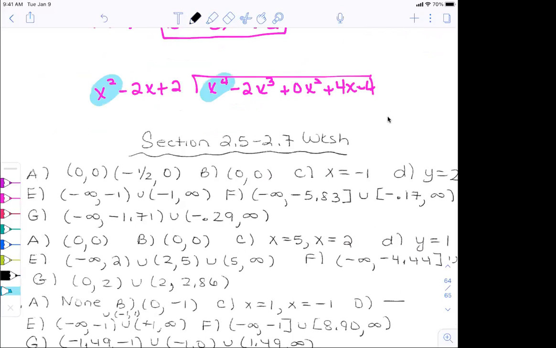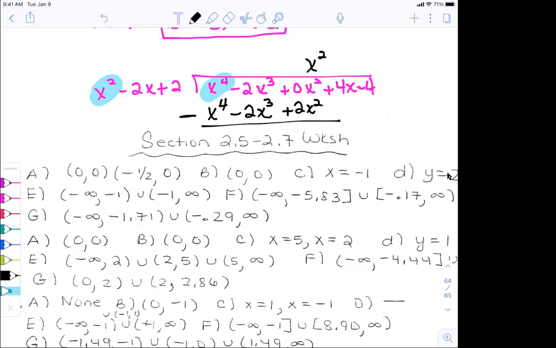Caden, what do I multiply x squared by to make it x to the fourth? X squared. Yeah. I'm going to place that on top of my x squared term. I'm multiplying that x squared by all of that divisor. So I have x to the fourth minus 2x cubed plus 2x squared.